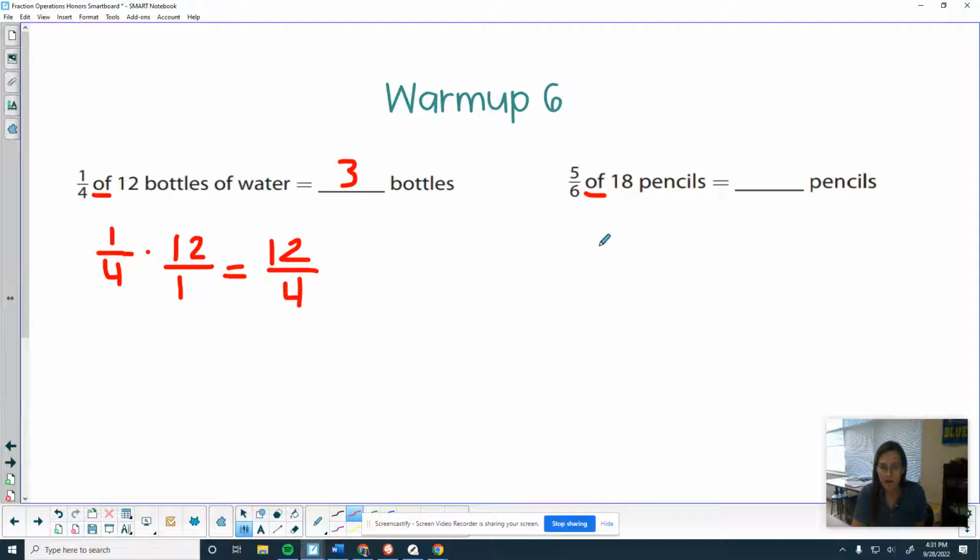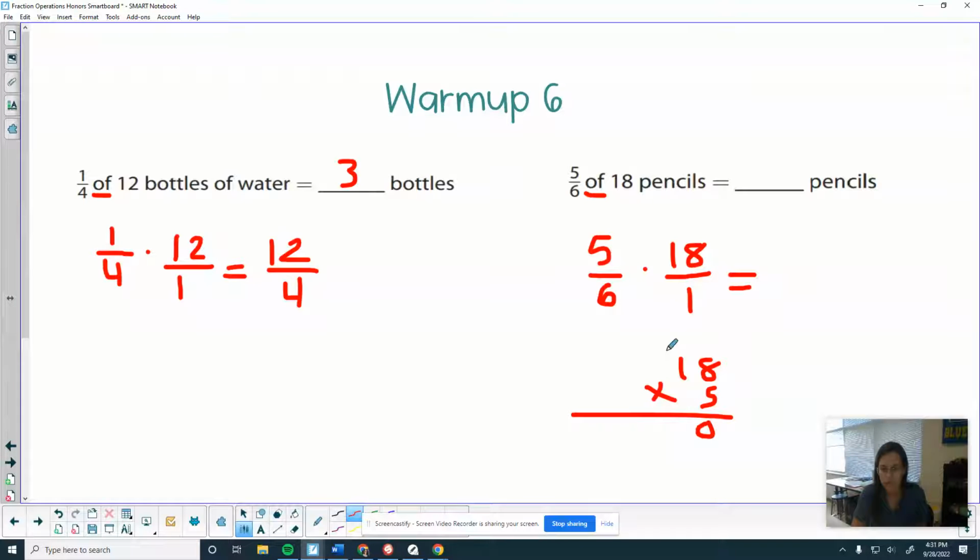Alright, if you're ready to go over it, let's see. So multiply 5/6 times 18. Stick a 1 under the 18. 18 times 5 is 90. 6 times 1 is 6.